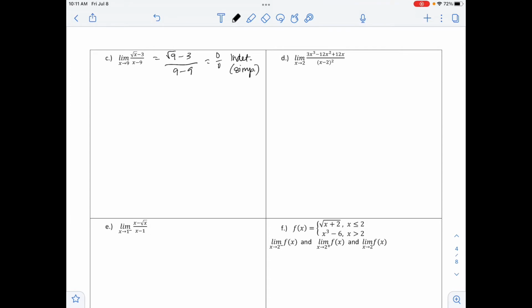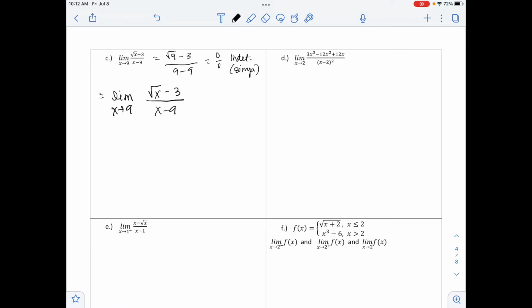So simplifying this, we have to think of another way to deal with this. So right now we have the limit as x approaches 9 of the square root of x minus 3 over x minus 9. And so for this, there are two ways to do this.